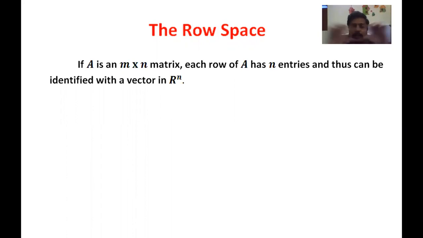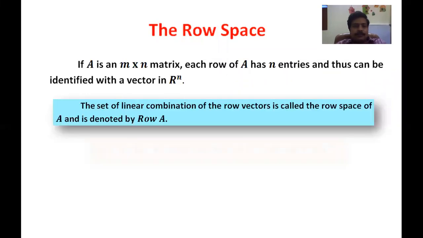So each row can be considered as a vector in Rn. The set of all linear combinations of row vectors is called the row space of A, and it is denoted by row A.